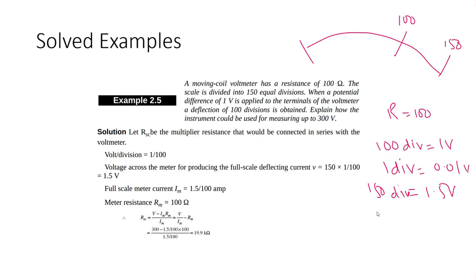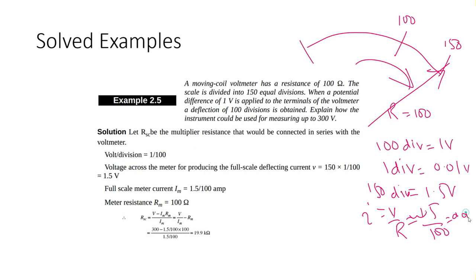Now we can calculate the amount of current that will be required for making this much deflection of the needle. So I is equal to V by R, which is 1.5 divided by 100, which is 0.015, or 15 milliamperes.